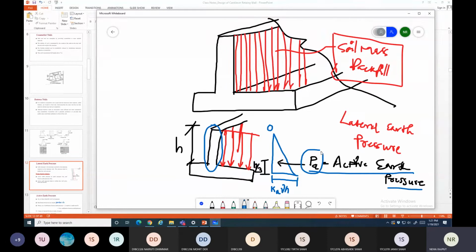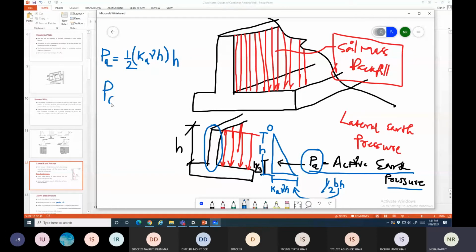Now to find this Pa value, it will be the area of this triangle. The area of the triangle is 1/2 into B into H, where B is nothing but Ka into gamma into H, and the height of the triangle is the H value.